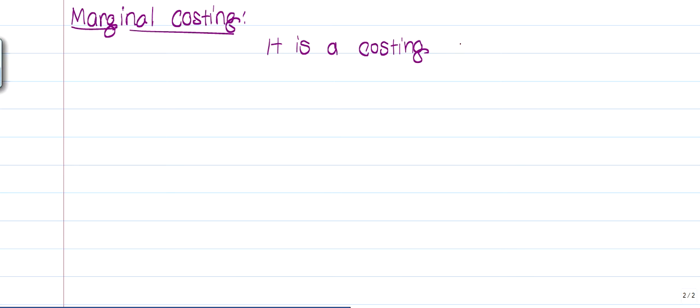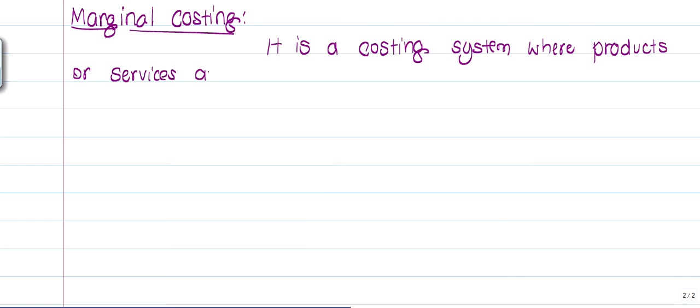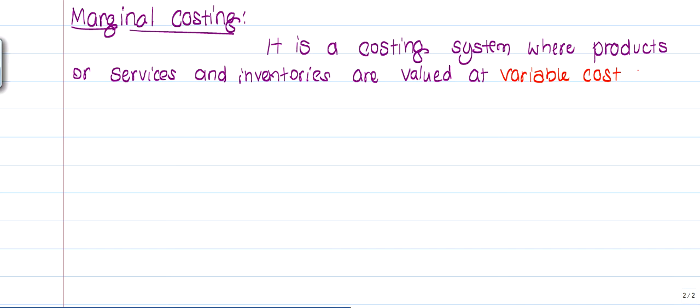It is a costing system where products or services and inventories, that is stocks, are valued at variable costs only.